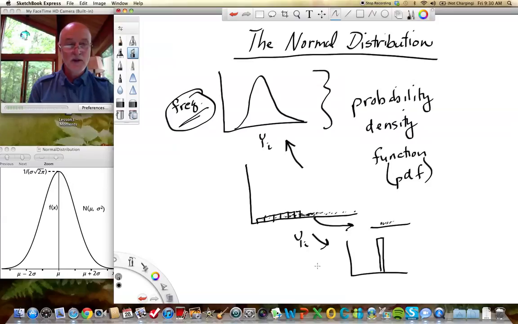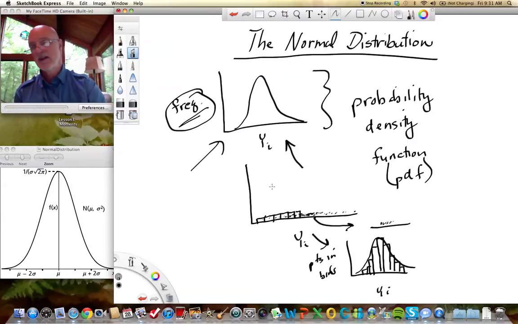So if we look at points in bins as a function of y sub i, so we're putting them in classes now, we're going to get something like this, and so that does look like a bell-shaped curve. And so it's important to understand what this bell-shaped curve is actually telling you.